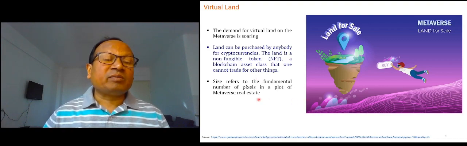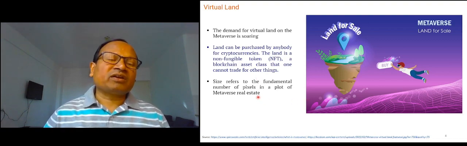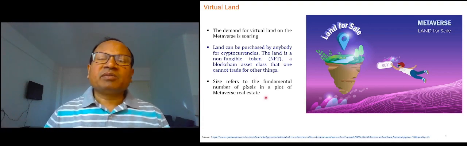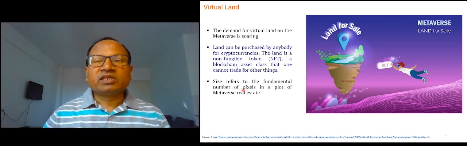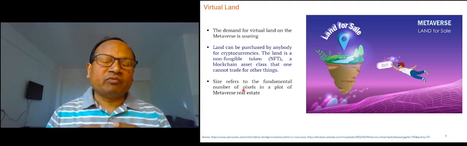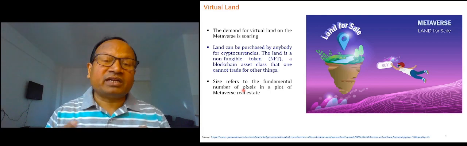Size refers to the fundamental number of pixels in the plot of metaverse realities, not square meters or square feet, because this is a virtual world. So the size of the land will be in terms of the number of pixels.